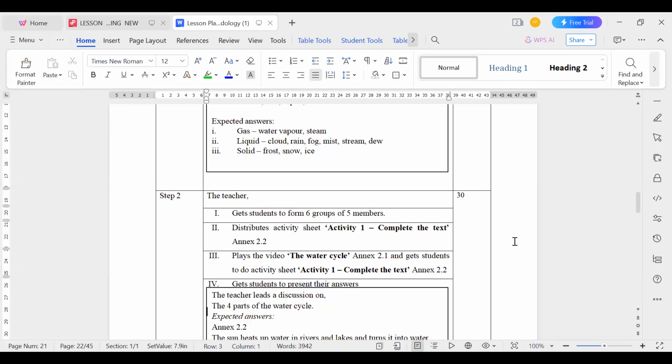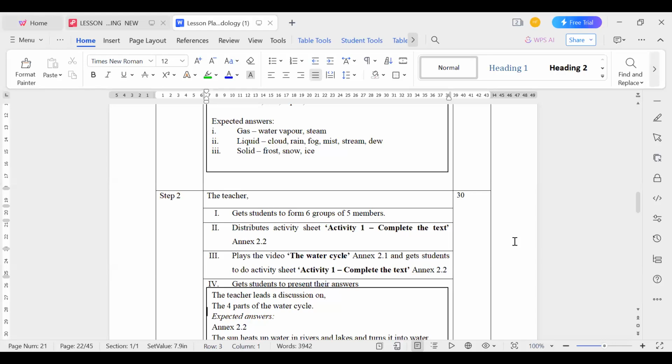So this is what is going to happen in that, this is how you have planned that activity. This is 5E student-centered, so you give them an activity, they do it and learn. This is how it is written.